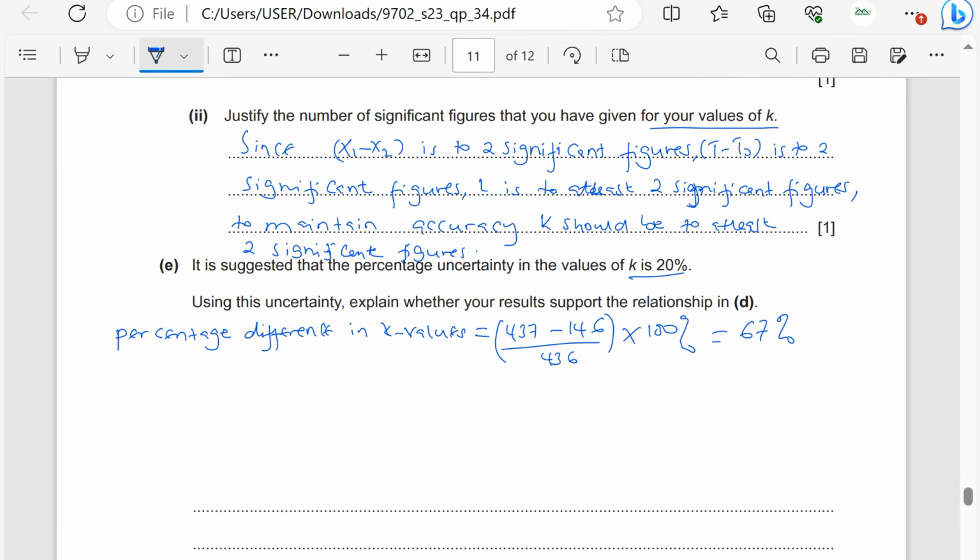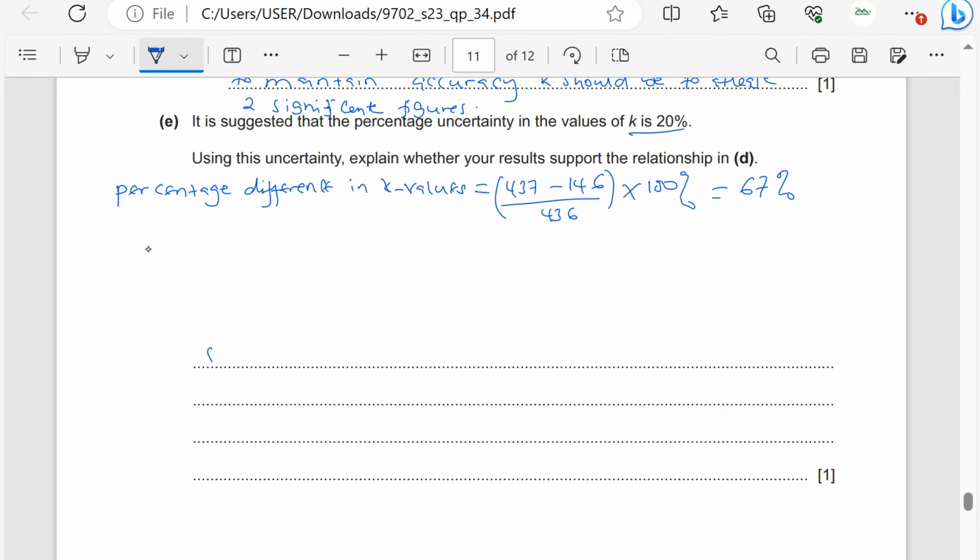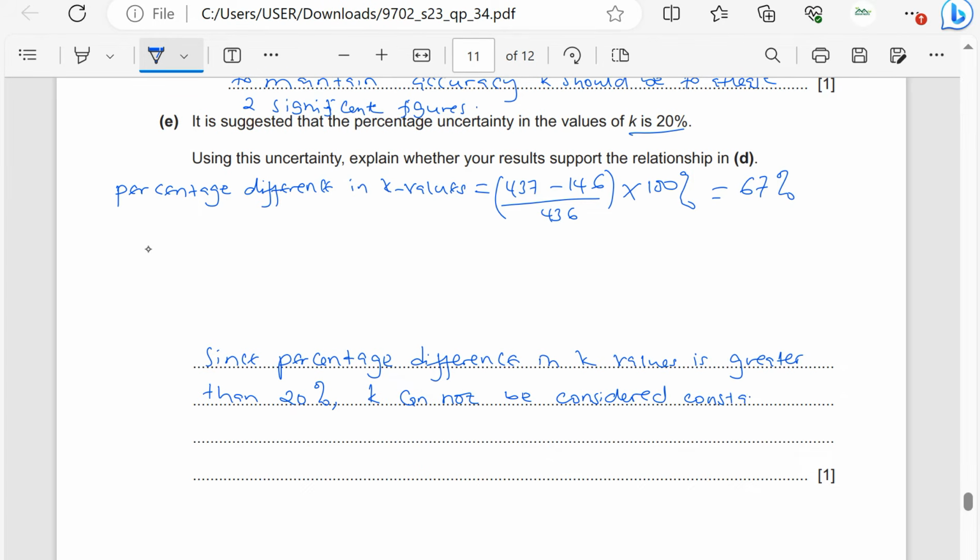So this means there's a large percentage difference in the K value. So you will say, since the percentage difference in K values is greater than the suggested 20%, K cannot be considered constant, and the relationship is not supported.